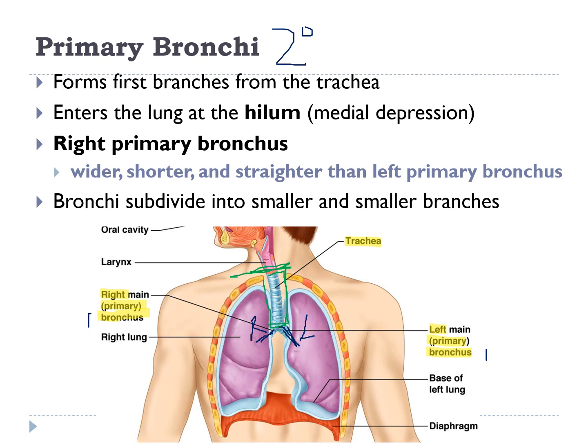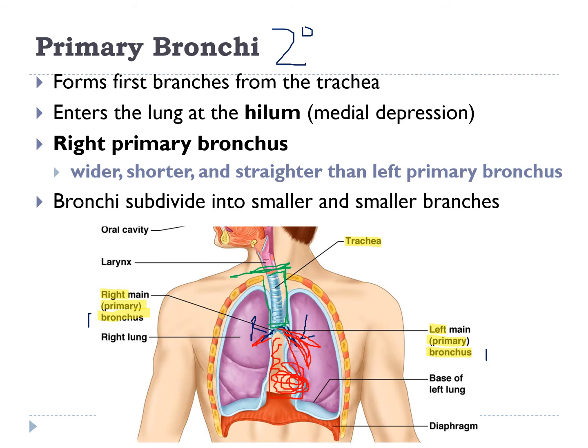And one thing to note, your right primary bronchus is shorter and straighter than your left. Okay, so why? Well, what makes up this space right here? It's your heart. And remember, your heart is mostly in the center, but also the base of the heart does extend onto the left side of your thoracic cavity, which means it encroaches on the lung on the left side.